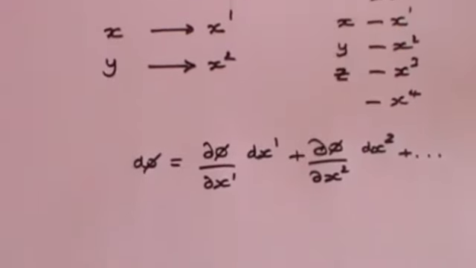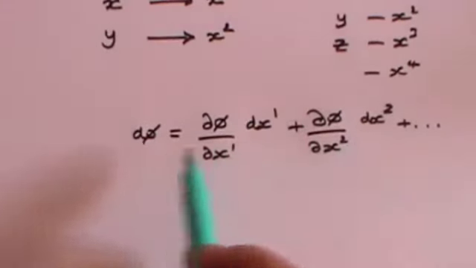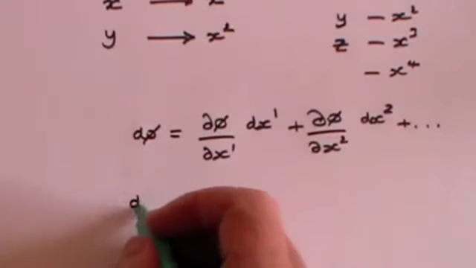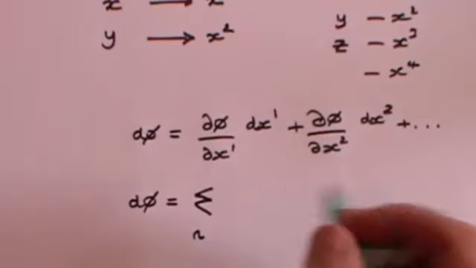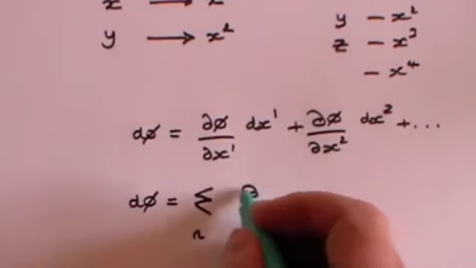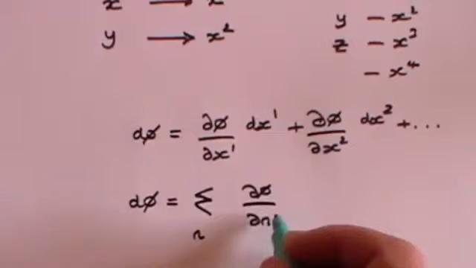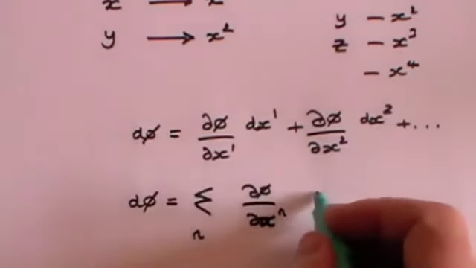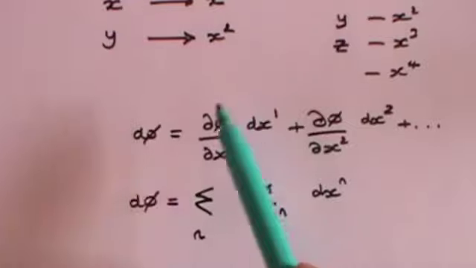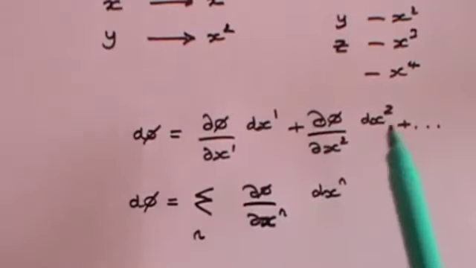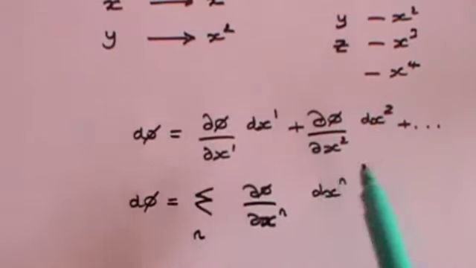And I think you'll see that this equation here can be simplified by saying that d phi is equal to the sum over n of the gradient, d phi by dxn, multiplied by dxn. When n is 1, you get that term there. When n is 2, you get this term here. And the sum term means you just add them together.